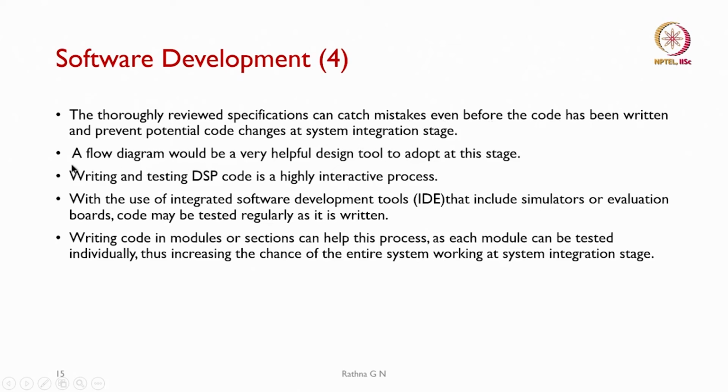And as always I mention to students, nowadays people won't write their flow diagram. They directly go and implement their algorithm in the software, and then it becomes a little tough to see where the error has occurred.